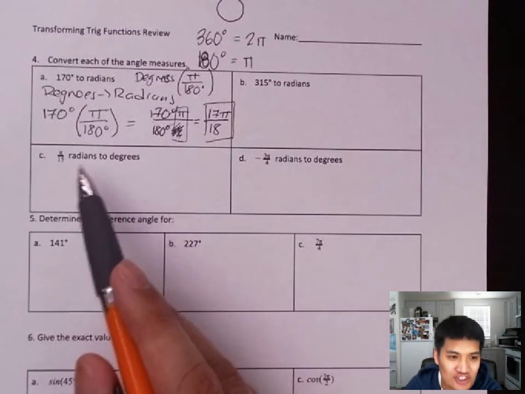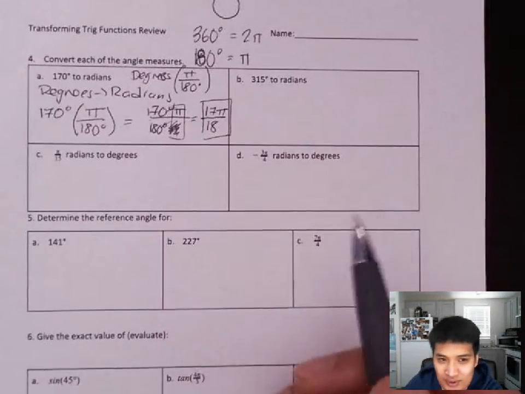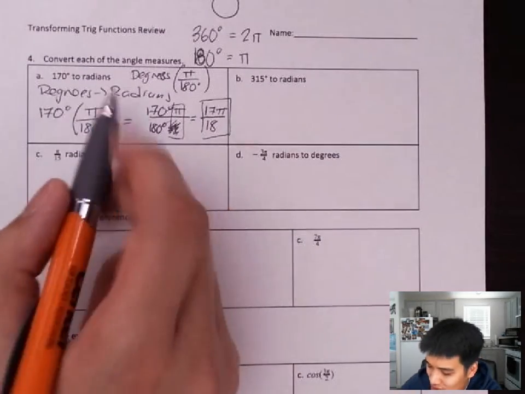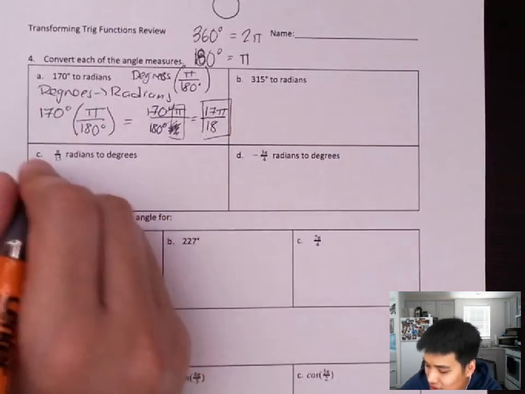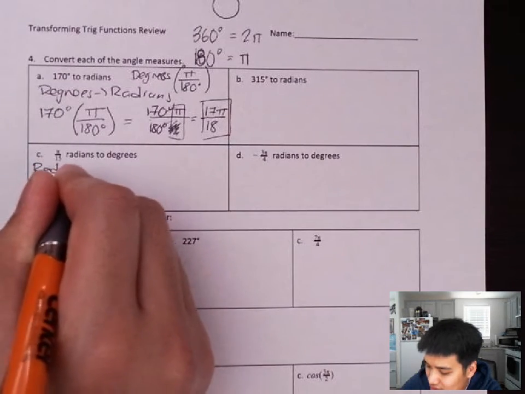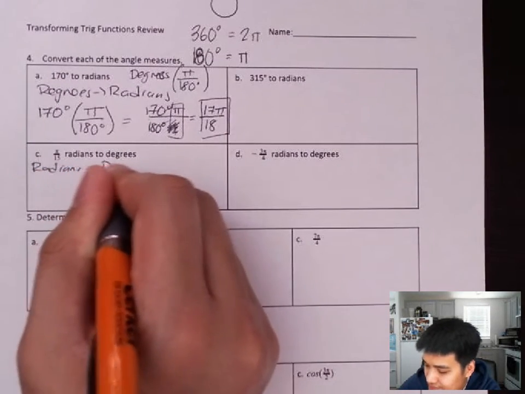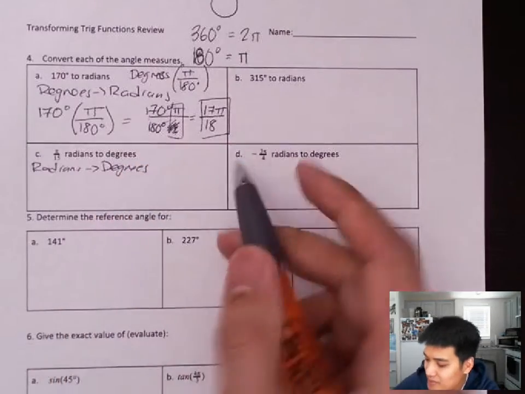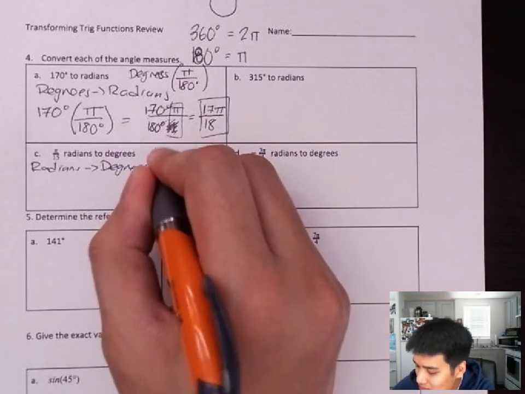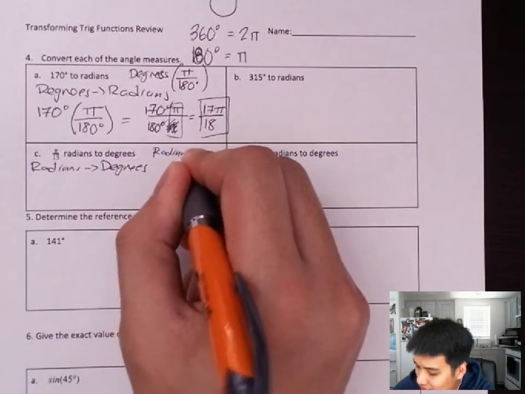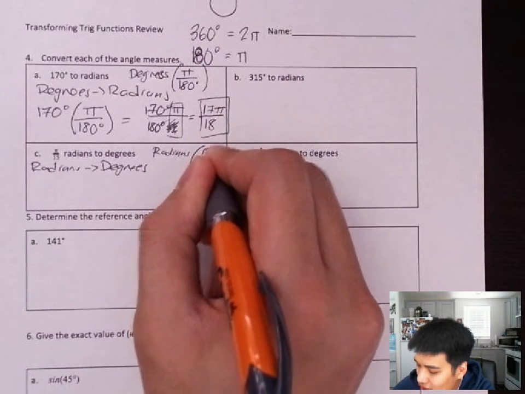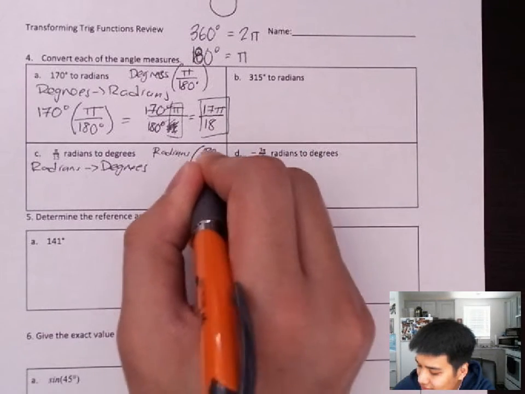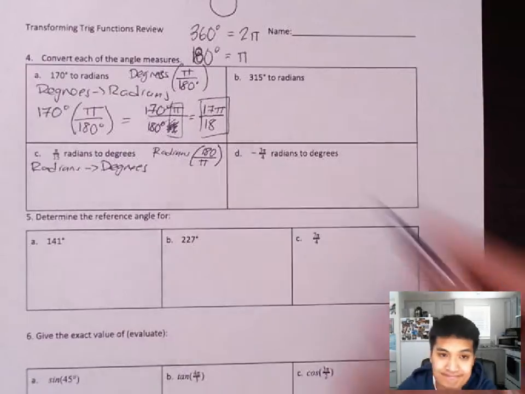right? For the next one, we do the opposite. Instead of going from degrees to radians, we're going from radians to degrees. So in this particular case, we'd have to multiply radians by this factor of 180 divided by pi.